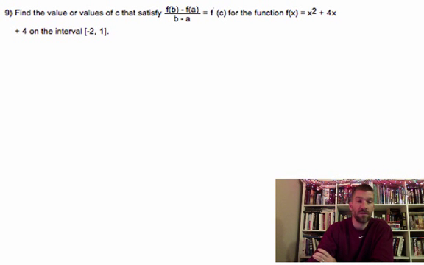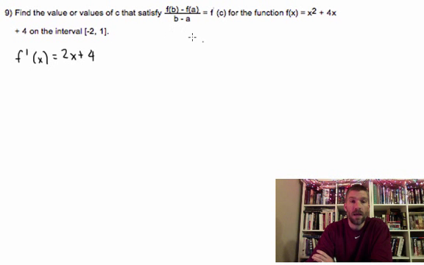So what we're going to have to do is a couple things. One, we're going to have to take the derivative of f of x, and when we do that, the derivative of f of x is 2x plus 4. The derivative of 4 is 0, so 2x plus 4. And then what we have to look at is f of -2 minus f of 1.